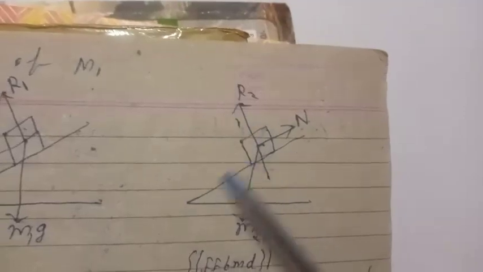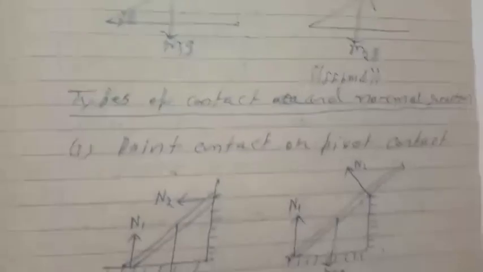So three forces are acting on the body. Similarly, we can draw for the second body: the normal reaction R2 in this direction, n will be in this direction, and m2g will be in this direction.